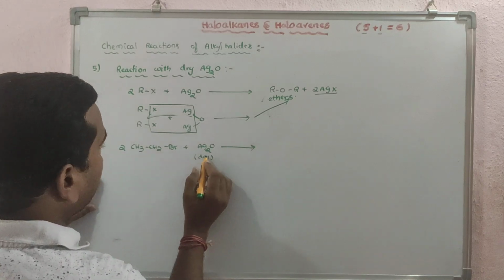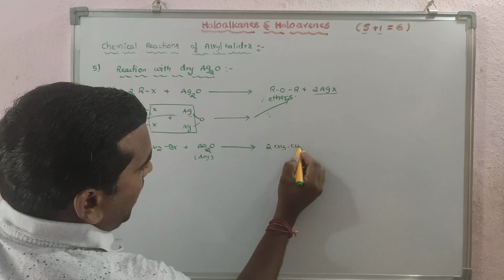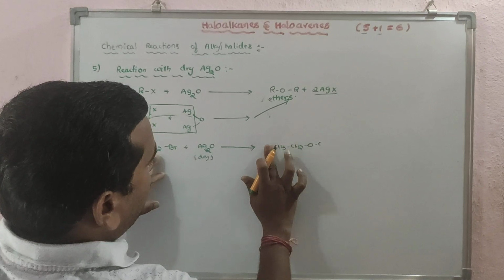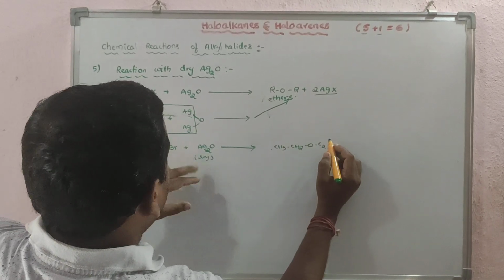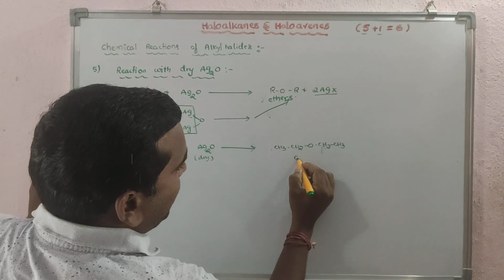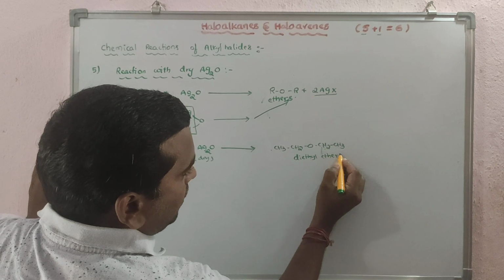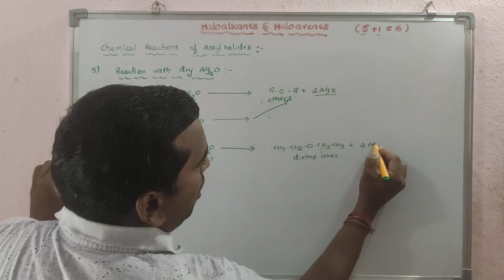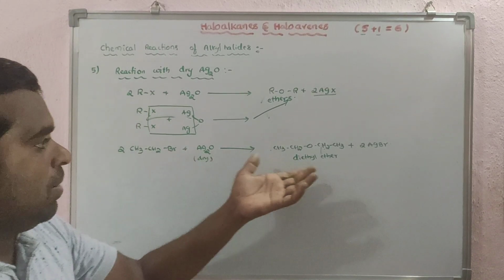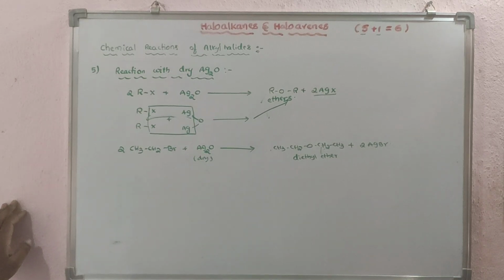So that's why you will get the compound CH3CH2OCH2CH3, which means you will get diethyl ether, plus 2 moles of AgBr. Clear? So this is the reaction with dry Ag2O.